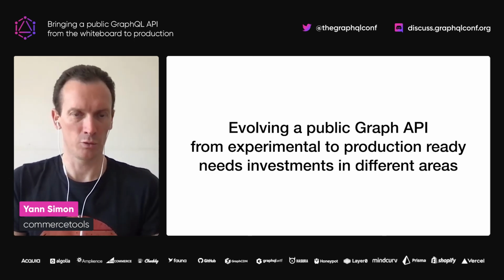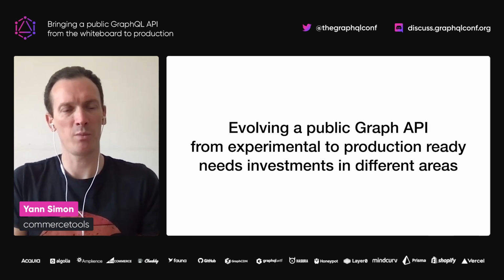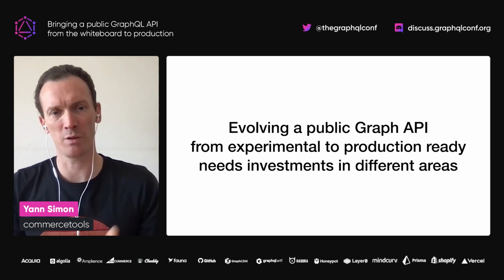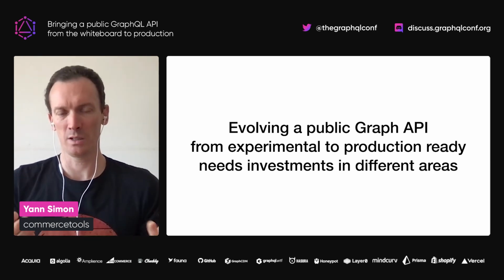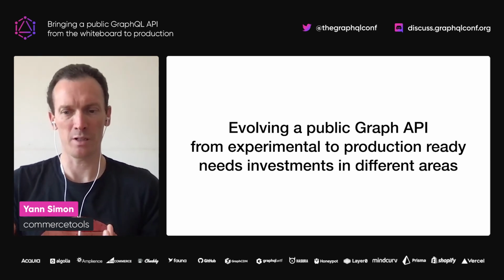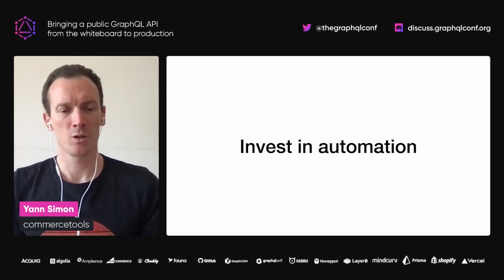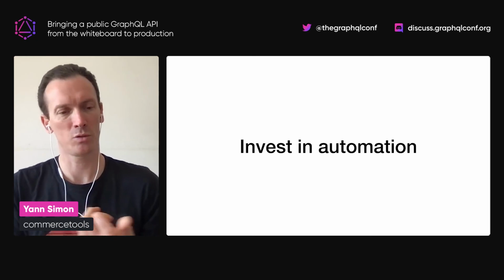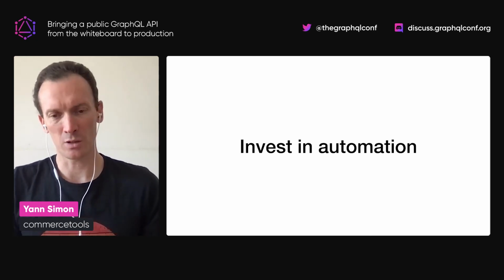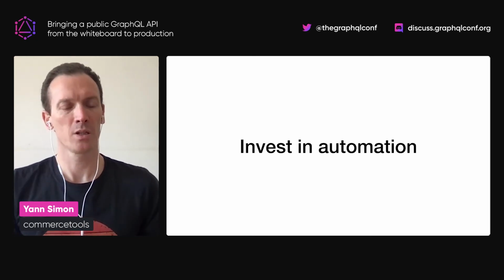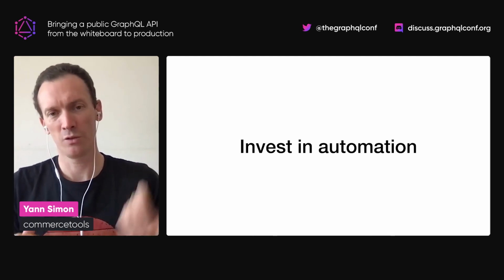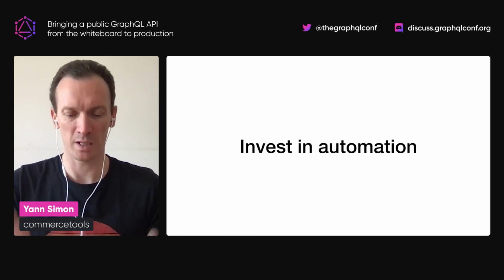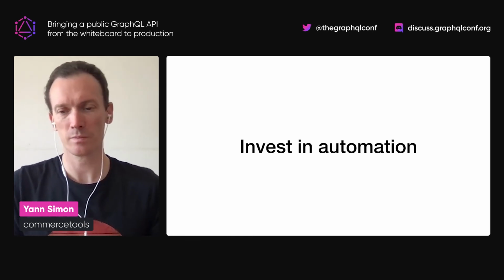So to evolve a public GraphQL API from experimental in 2015 to production ready right now, we needed investments in a lot of different areas. We have invested in automation to have faster GraphQL development, to quickly check for breaking changes, and to automate documentation.